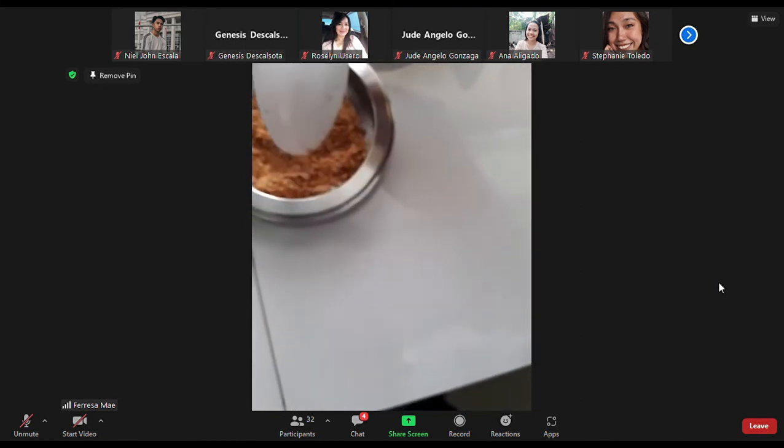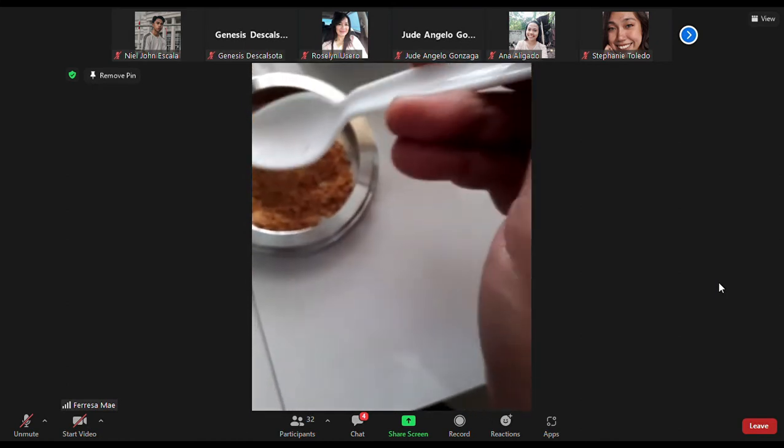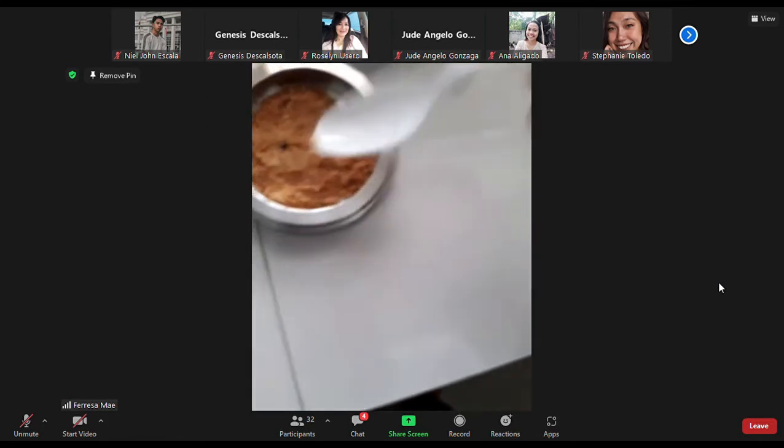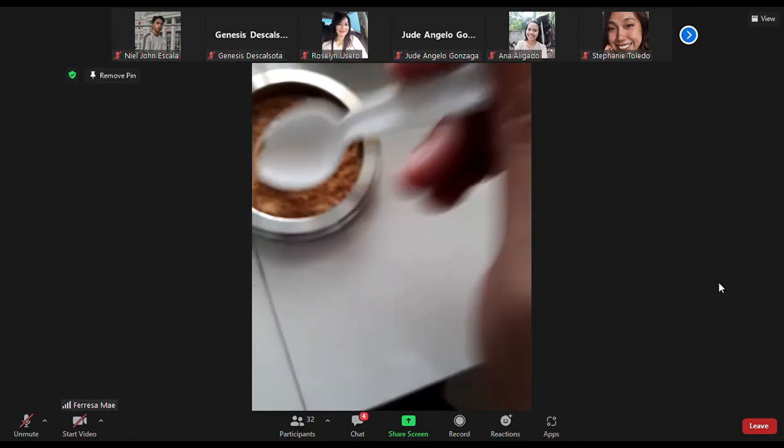Wala siya weight nga required sa water activity as long as ma-spread lang ang sample sa surface.